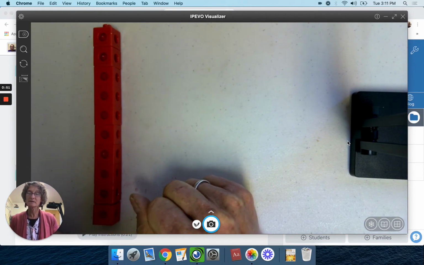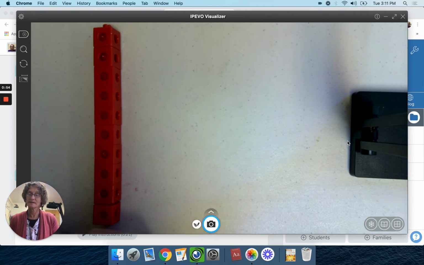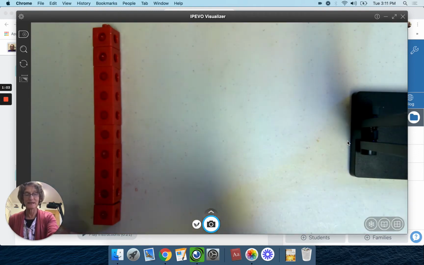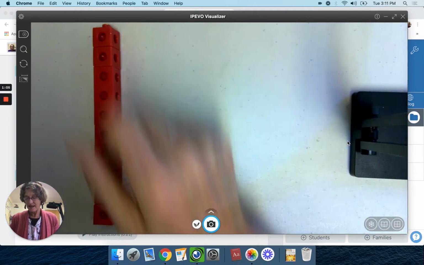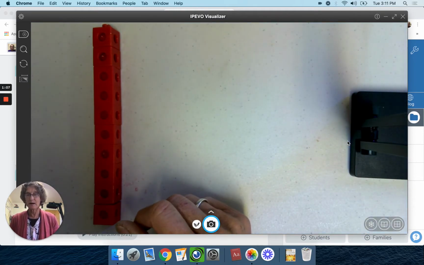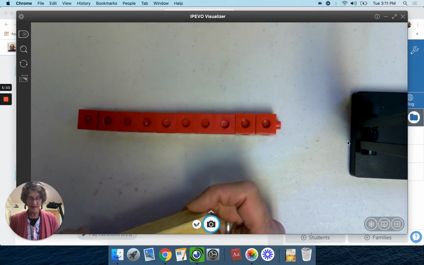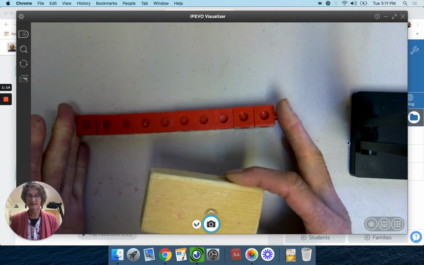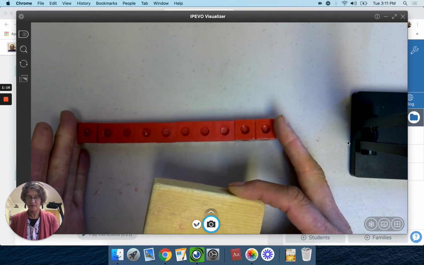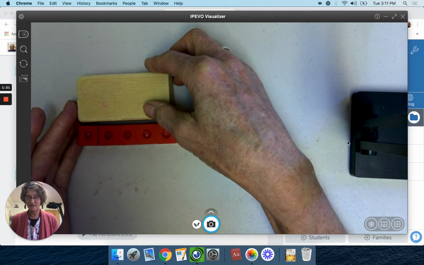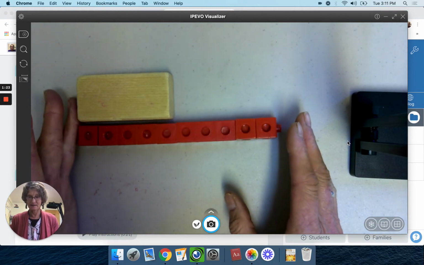So it will be a little bit the same as what you did last time in math, but a little bit different. It may take a little more brain power. So let's see. If you were going to compare the length of a 10 tower with the length of a block, does it matter if I line them up at the end?